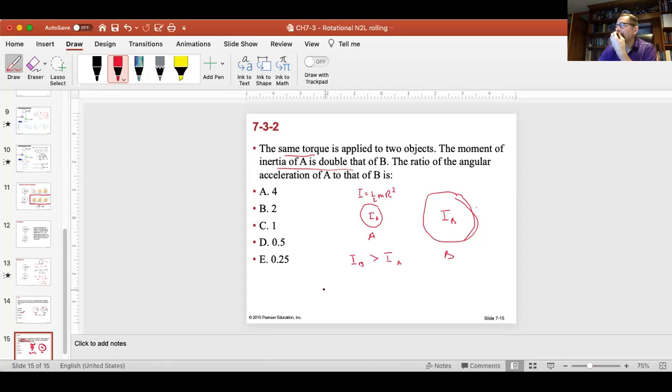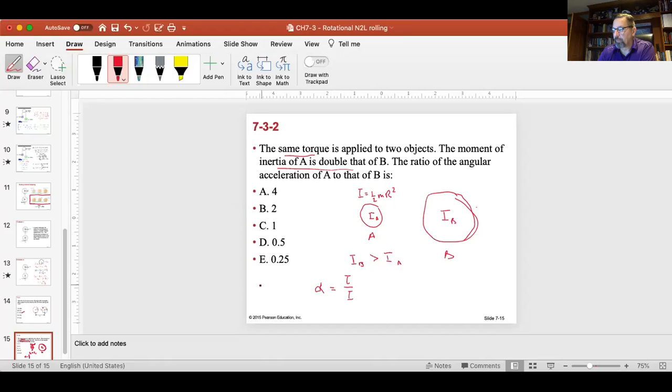Okay, and so let's talk about angular accelerations then. An angular, that's supposed to be an alpha, just a lousy looking alpha. That looks a little better, kind of like a fish, but the line goes upwards, almost like an infinity symbol where it's chopped off. In any event, that is equal to torque divided by moment of inertia.